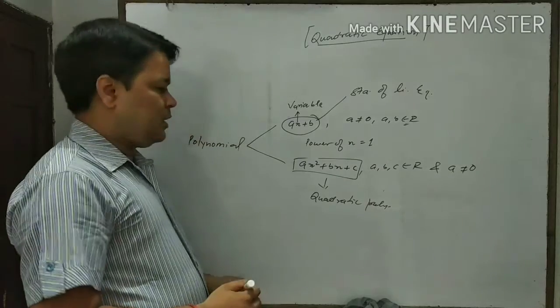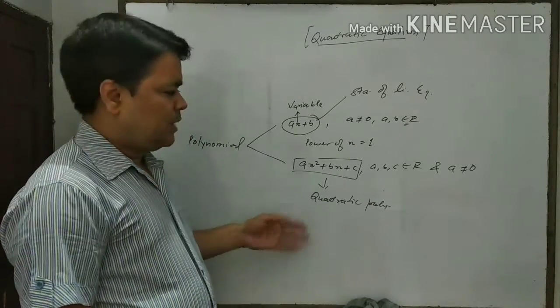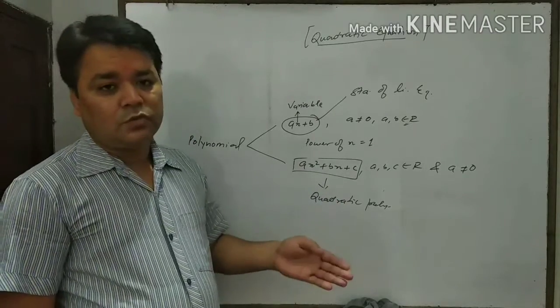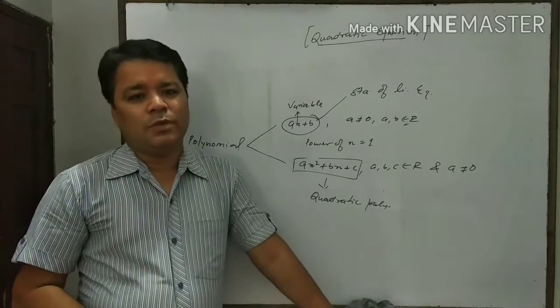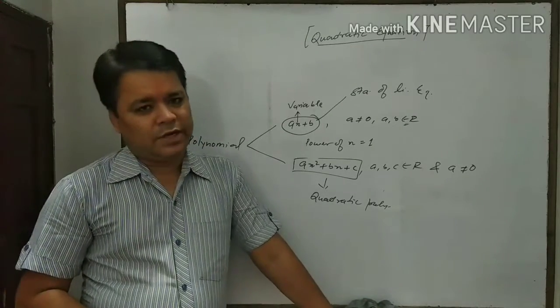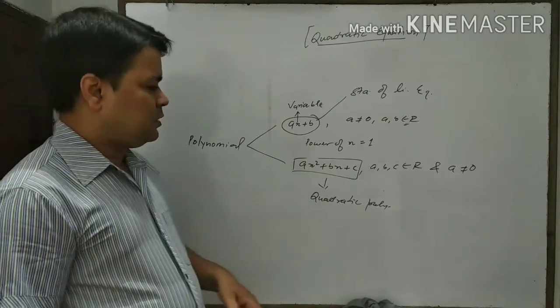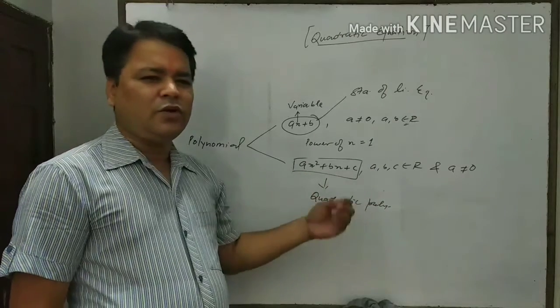Similarly we have the cubic polynomial and the biquadratic polynomial, where the power of x will be 3, that will be a cubic polynomial, and when the power of x will be 4, that will be a biquadratic polynomial. Here in this chapter, the quadratic equation is related to the quadratic polynomial.